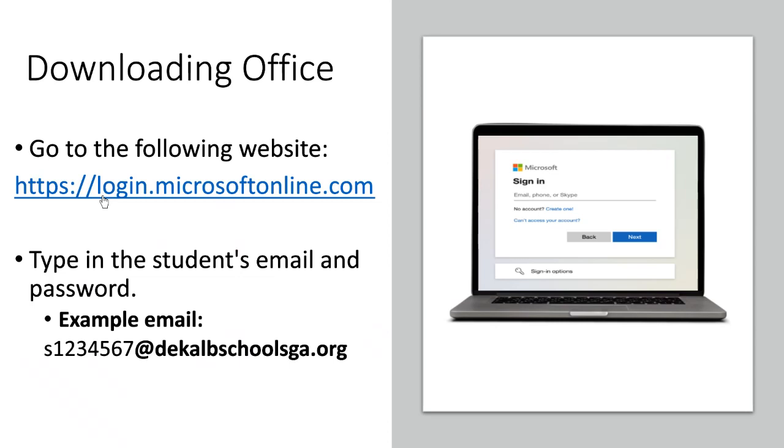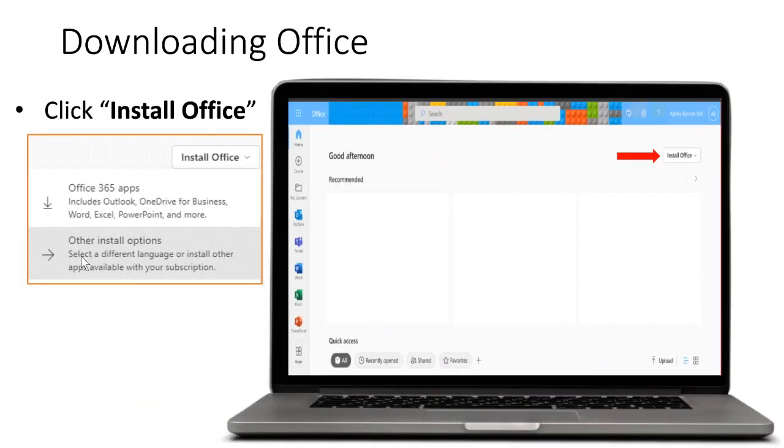Students will need to authenticate their accounts by typing in their S number and password again. Once the student is logged in, click on the Install Office button located on the upper right-hand side. You will have the option to download the Office 365 apps, which include Word, Excel, and PowerPoint, or you may select a different language or explore the other applications available within the subscription.